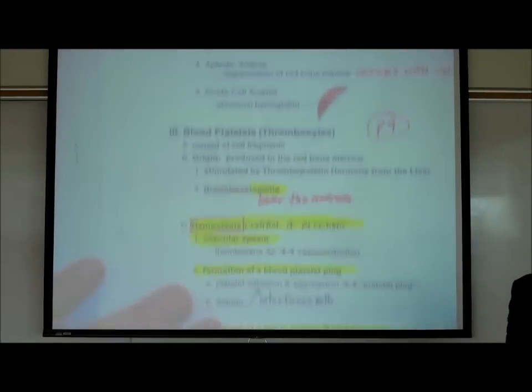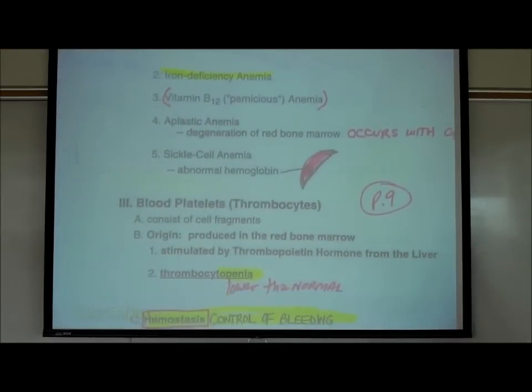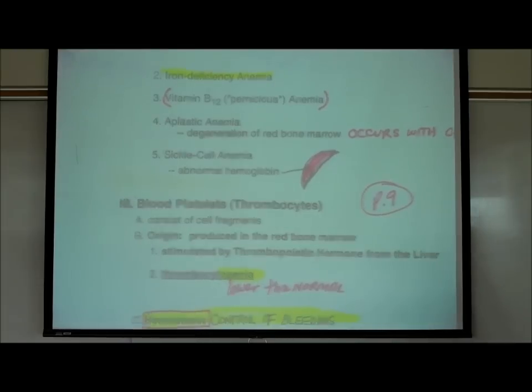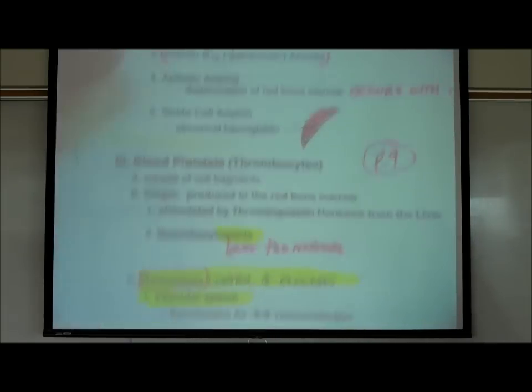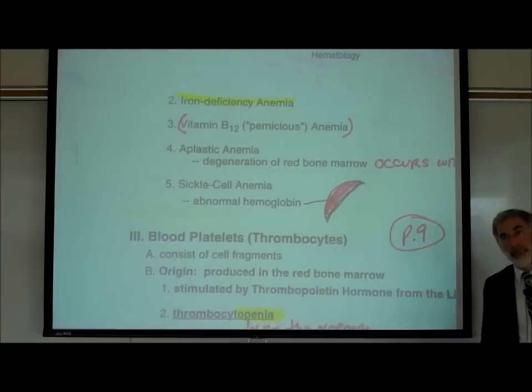On page 9, there are many, many types of anemia. And here's one that I think many of you are familiar with: iron deficiency anemia. Haven't we learned that iron is part of the hemoglobin?